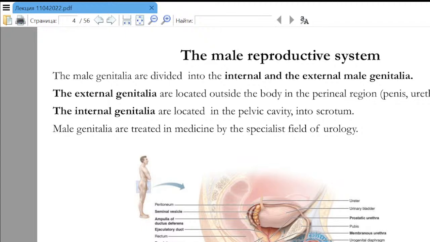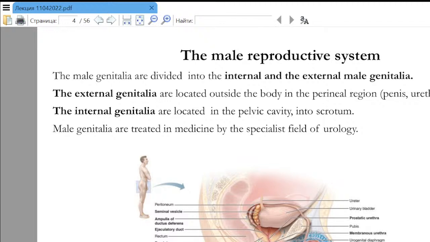The internal genitalia are located in the pelvic cavity and in the scrotum. Male genitalia are treated in medicine by the specialist field of urology.